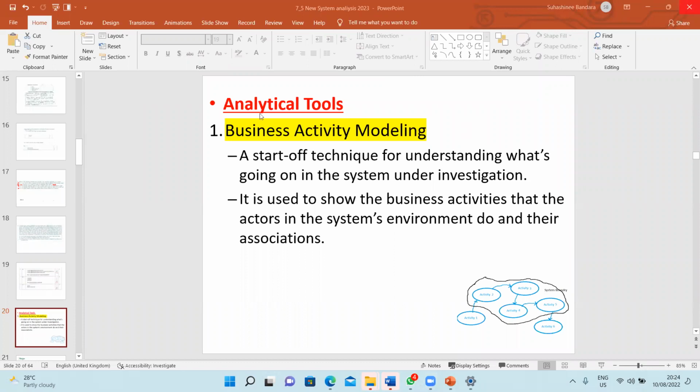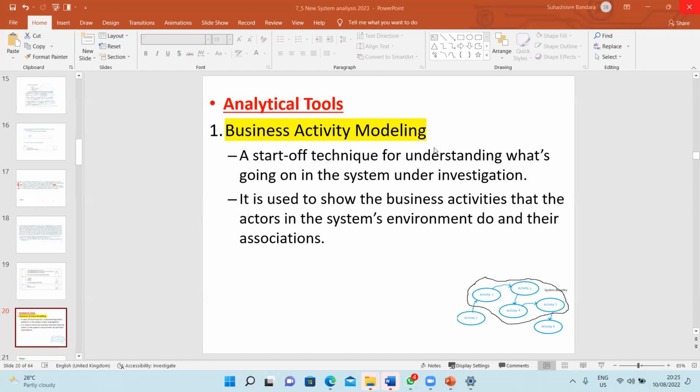So now, after we identify the functional requirements, we are going to discuss how the system activities behave within a system. That means we are going to model the business activities, plotting them in a graphical view. It is a starting technique for understanding what is going on in the system under investigation. Last week we discussed the feasibility studies and the system background.